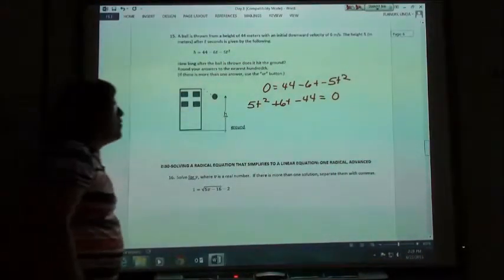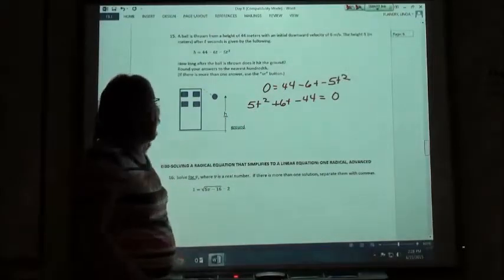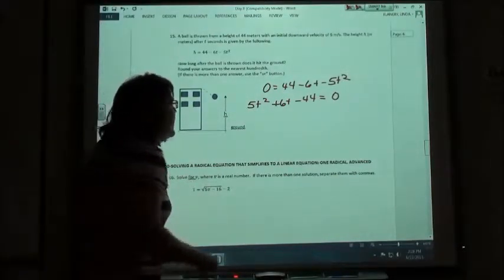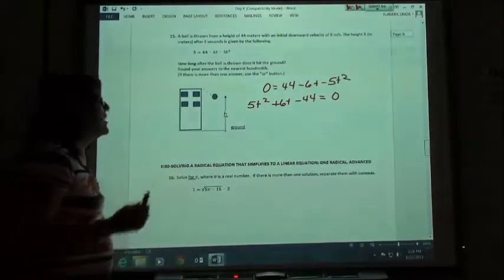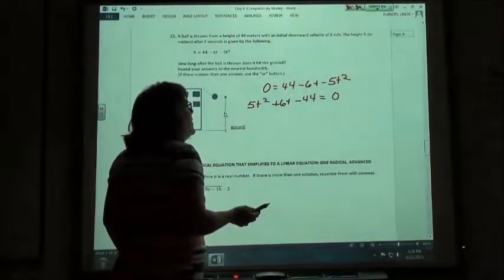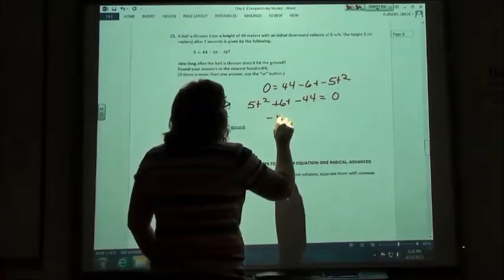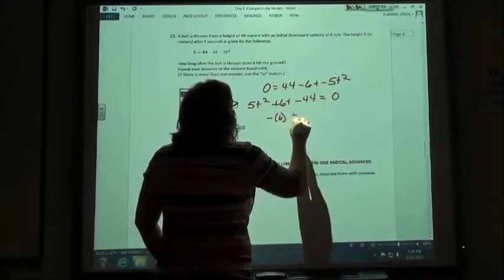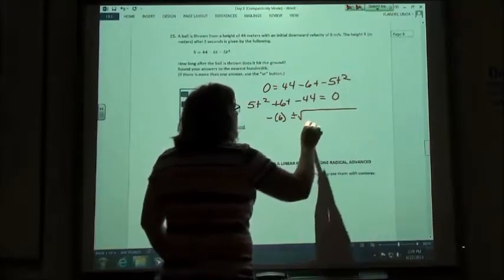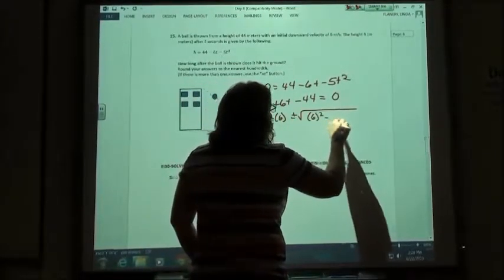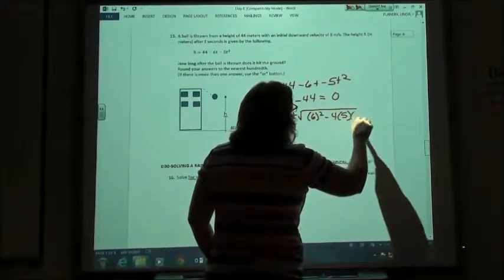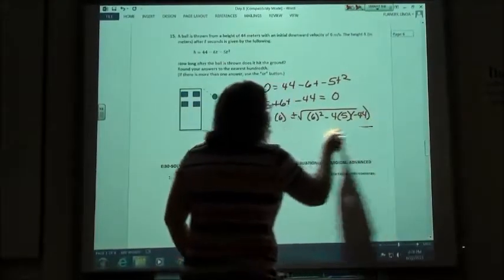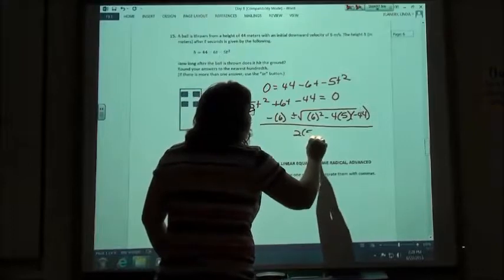Now with the quadratic formula, you could probably get by with that negative t squared, but it's always a good idea to make your t squared positive so things turn out nicer. So I'm going to have minus my b value of 6 plus or minus the square root of 6 squared minus 4 times 5 times negative 44 over 2 times 5.